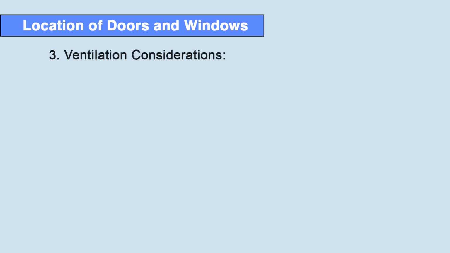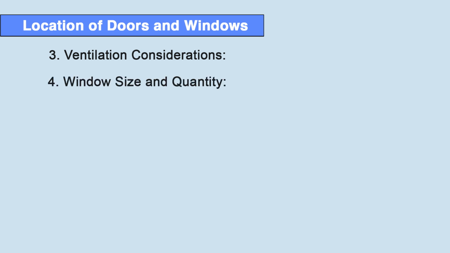In the location of door and window, the third point, an important point, is the ventilation consideration. If a room has two doors, they should preferably be located on opposite walls. Why? So that they can promote effective ventilation and air circulation.